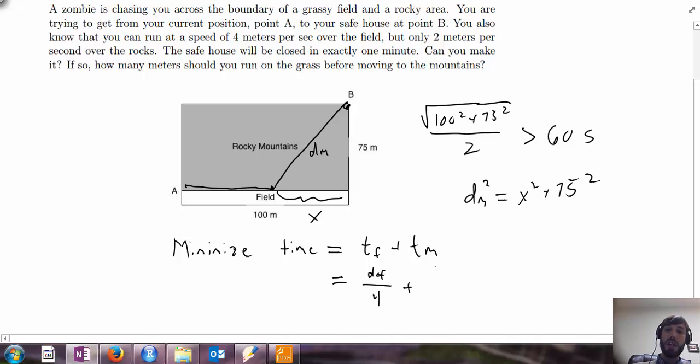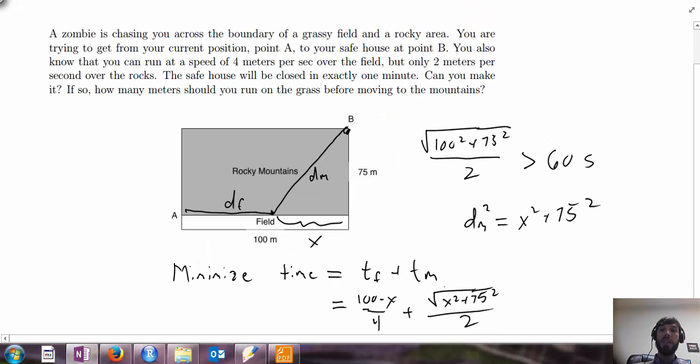So solving for dm here, we would get the square root of x squared plus 75 squared over 2. And then we can also go back over here and plug in df, because this would be df right here. So that's going to be 100 minus the total distance, x, there, right? So this is our function to minimize, basically. And this stuff up here, figuring out how these distances are related to this variable x, those are the constraints in this particular problem.